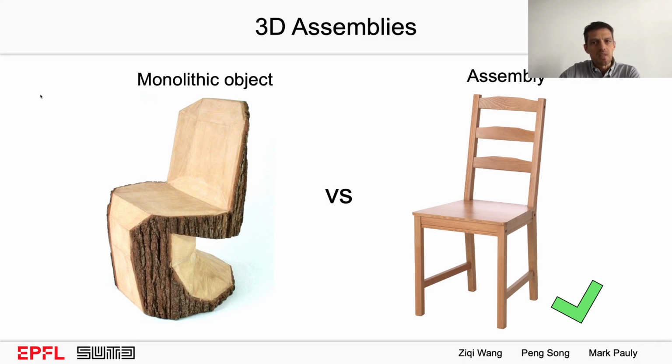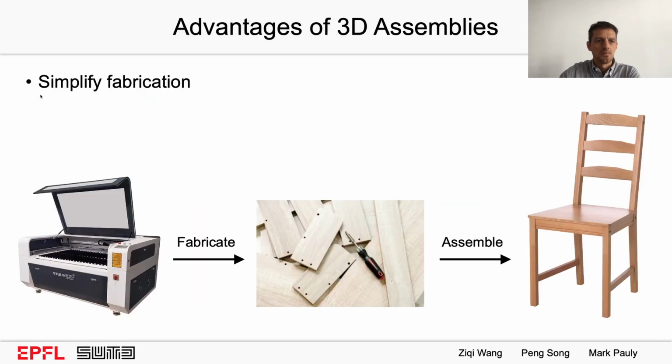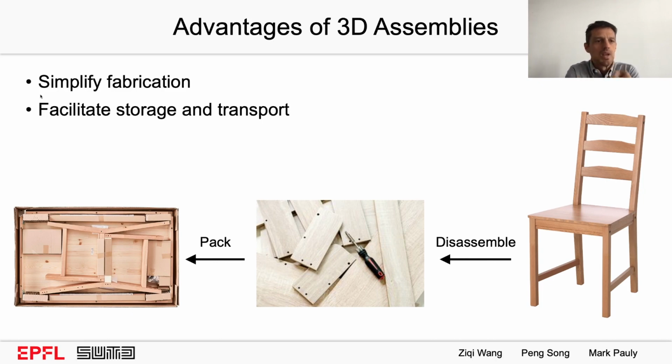And this type of assembly comes with a number of advantages. First and foremost, fabrication. We can simply fabricate geometrically much simpler parts that can then be assembled into a compound object, which can have a much more complicated shape and also interesting functionalities. This allows us further to store and transport the component parts in a compact way.